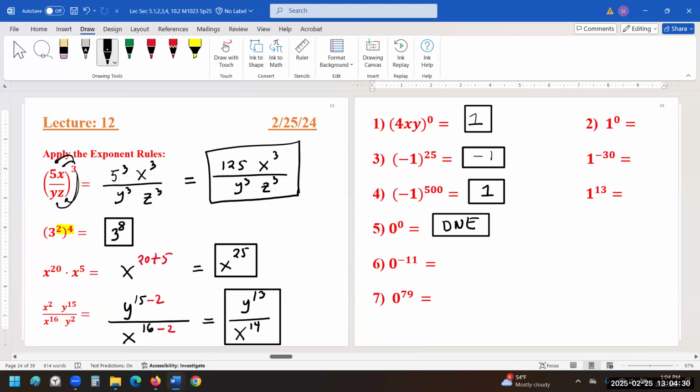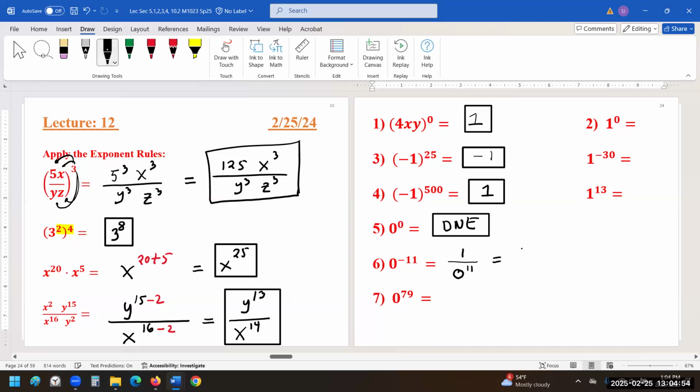Giselle, what is 0 to the -11 power? It doesn't exist. If you forget, no problem, convert the negative into positive power. Anytime you convert negative into positive powers, it becomes a fraction with the positive power.